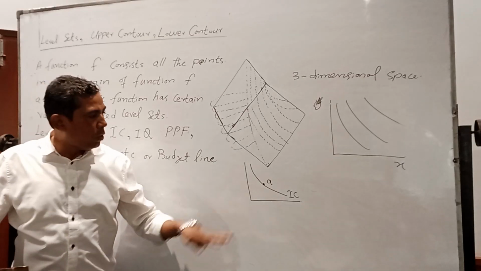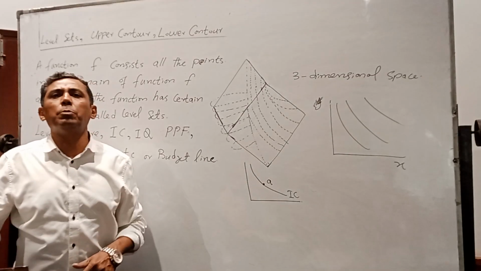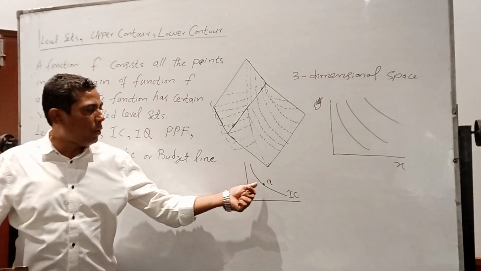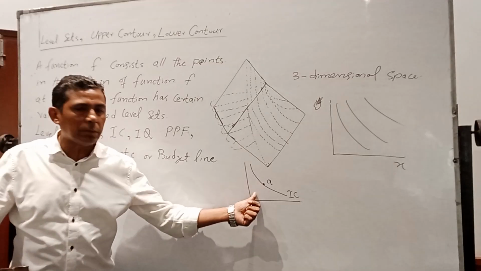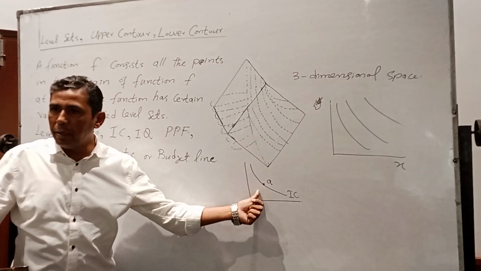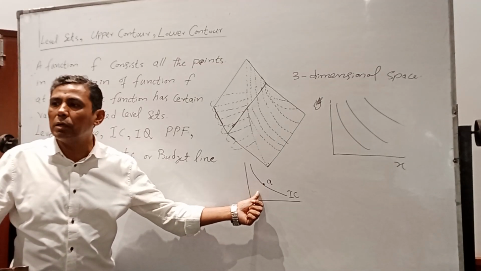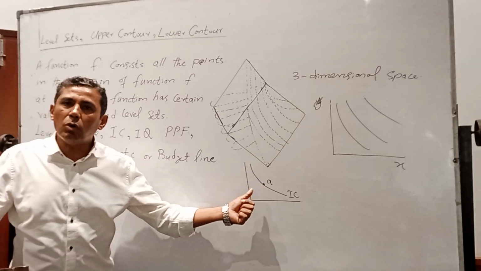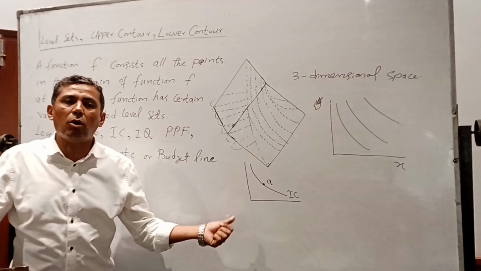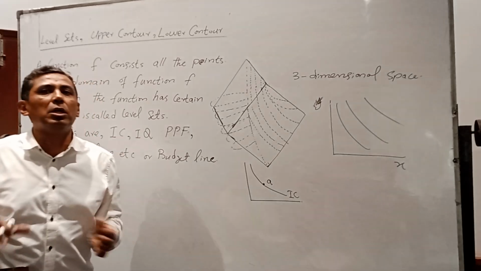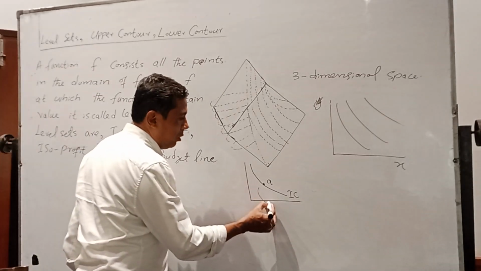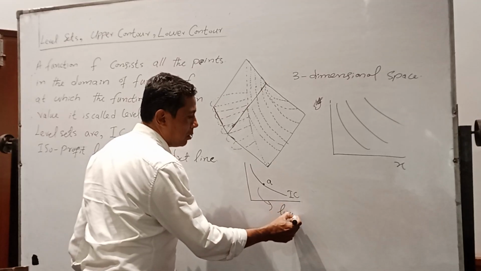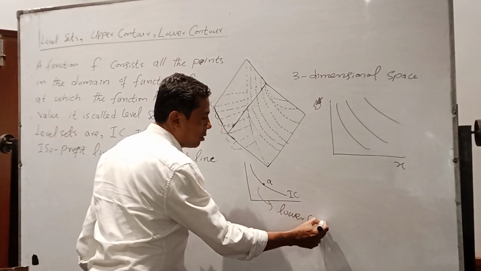Clear? Now I am comparing this value. Now all the possible values are here of indifference curve. Clear? Now all these possible values are called lower contour sets. These all values are called lower contour.